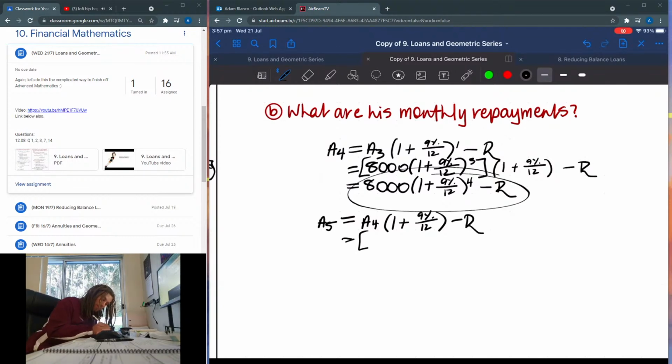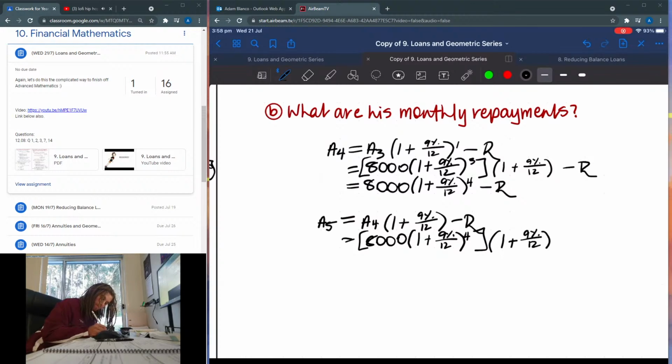A4 has a name. It's all this. 8,000. 1 plus 9% on 12. It's the power of 4. Okay, then that compounds. And then I repay.